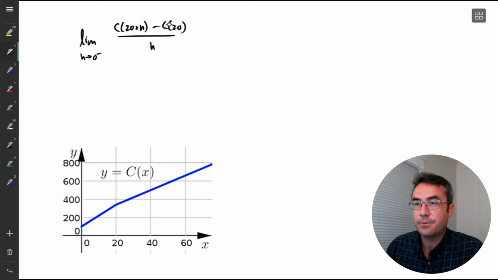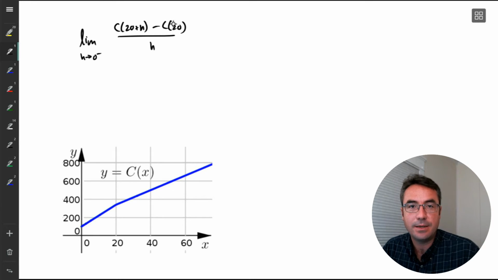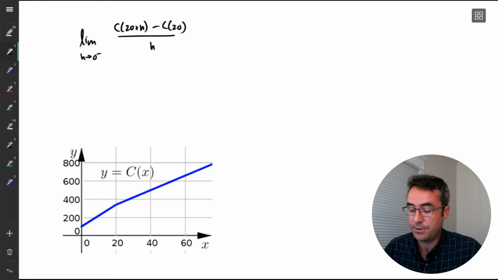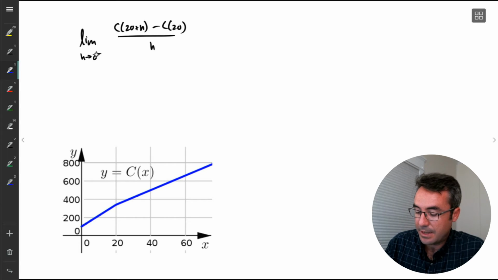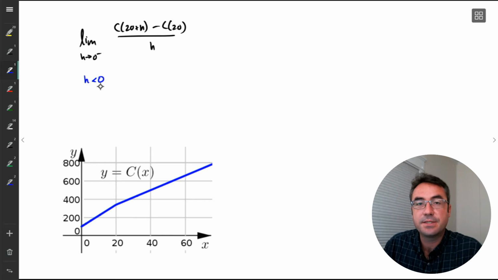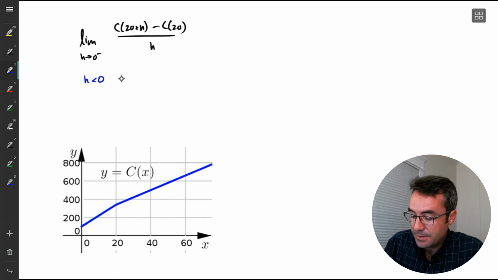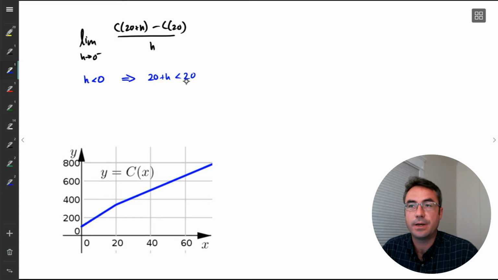So again, we've already evaluated 20 in this function c. We want to evaluate 20 plus h because now we're using different h values. So in this left side limit, h is close to 0, but it's slightly smaller. So that means when we add 20, we get that 20 plus h is going to be smaller than 20.